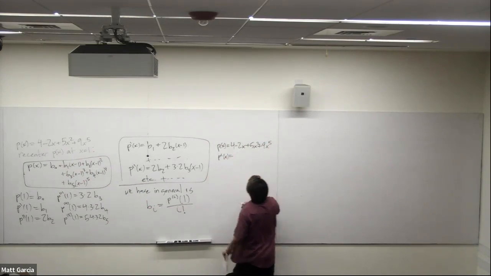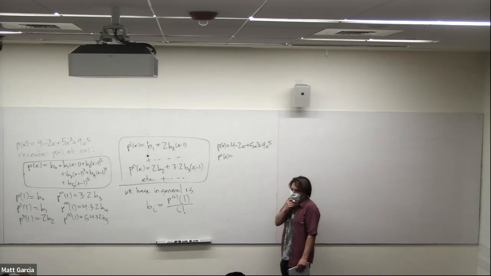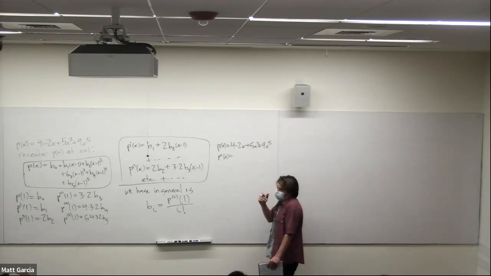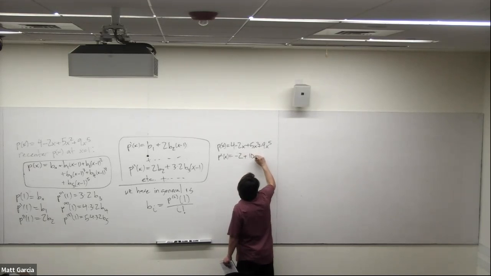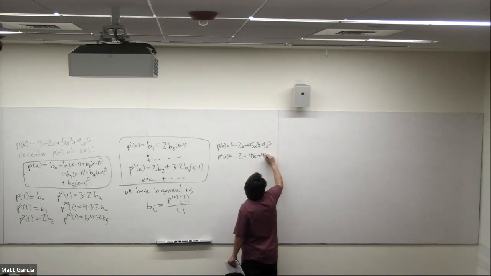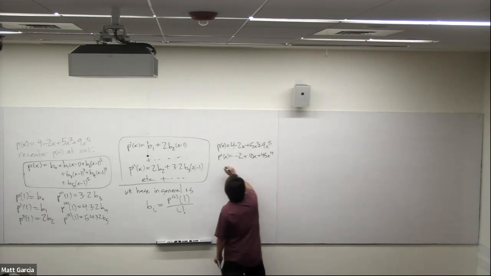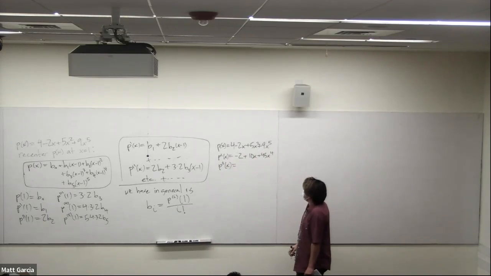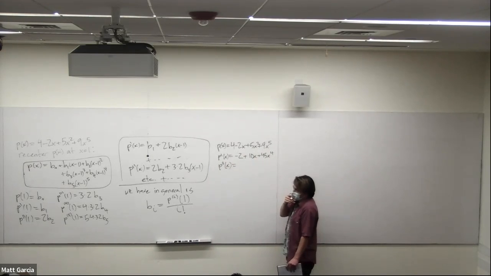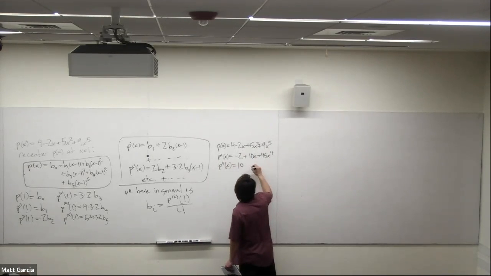Somebody quickly tell me the derivative of this. The derivative: 2 plus 10x plus 45x to the 4th. Good. What's the second derivative? And plus 180x cubed.